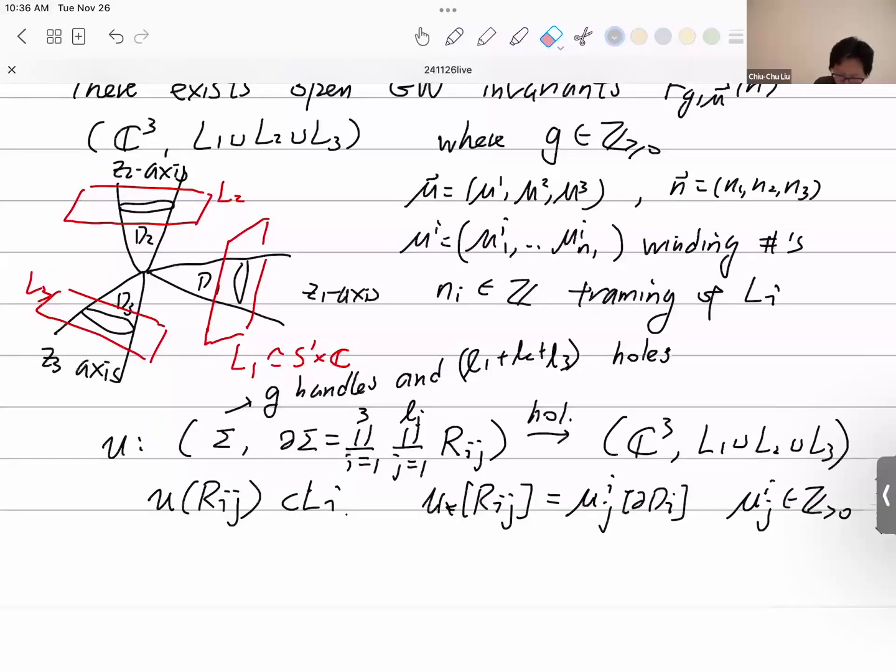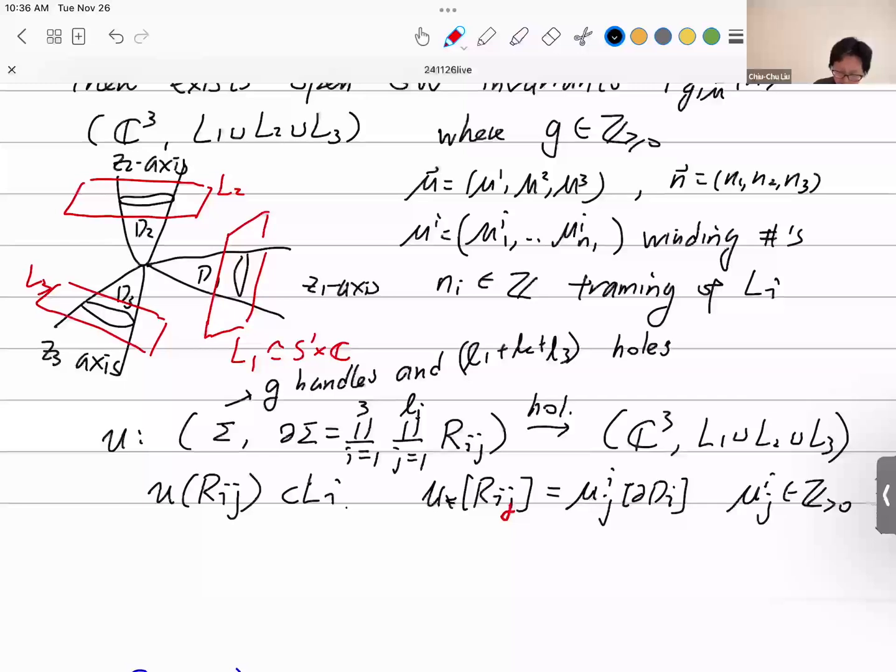It represents some first homology class in Li. But the first homology of Li is that of a circle, and so the class is just generated by the boundary of Di.